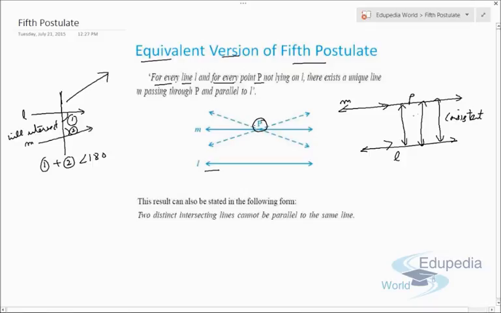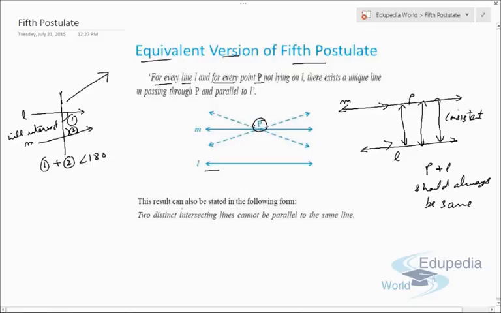Or we can say the distance between the two lines M and L should always be the same, which is another version of the fifth postulate.